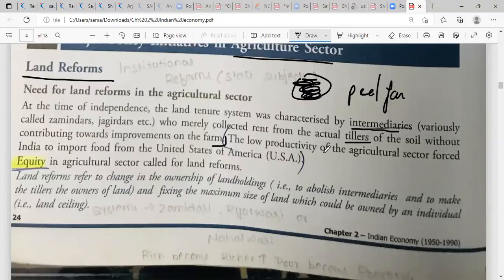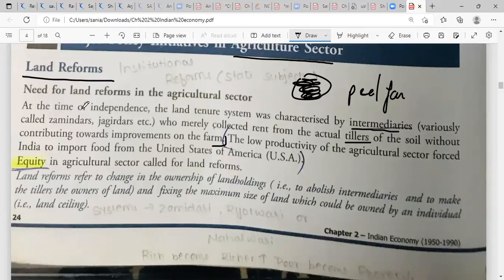Second, the low productivity of the agriculture sector forced India to import food from Australia, UK, USA, sorry, America, United States of America. Third, to bring equity in the agriculture sector, land reform was introduced. So first, why was land reform needed?